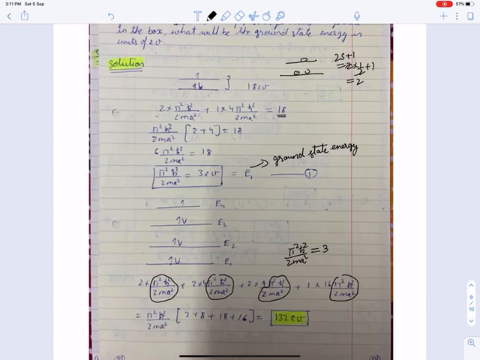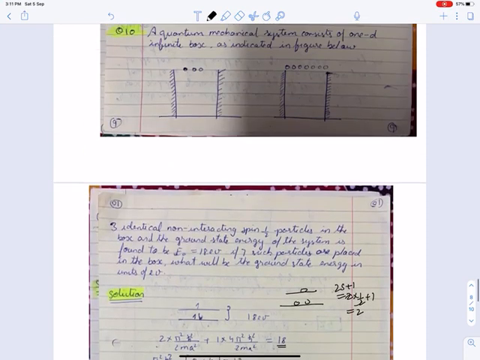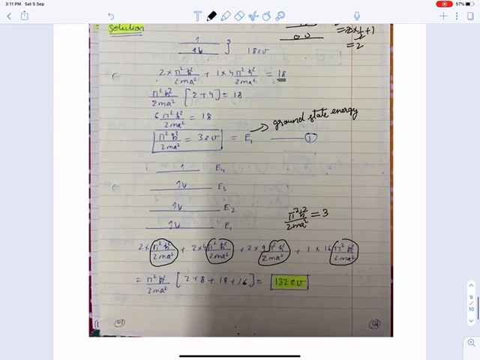You can keep it as it is, that is pi square h cut square upon 2m square. So there is no need to put this.